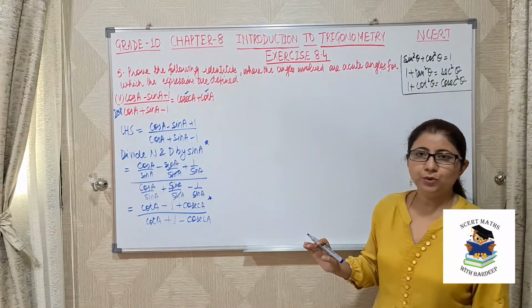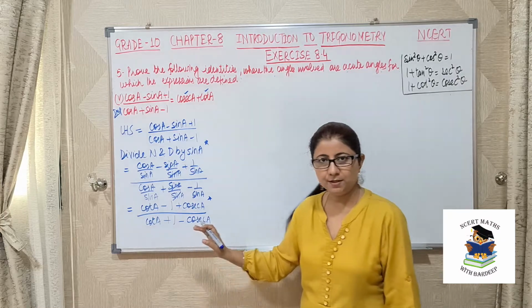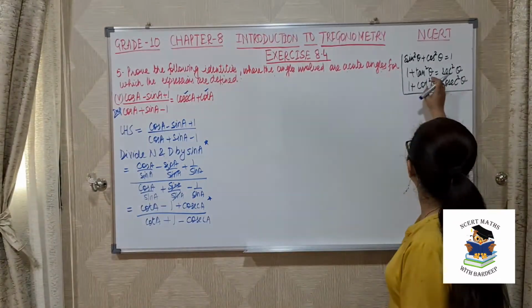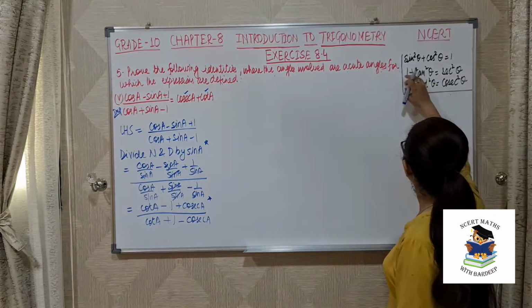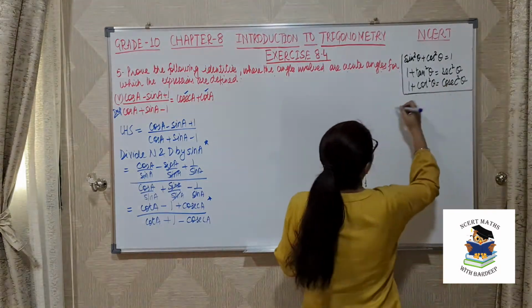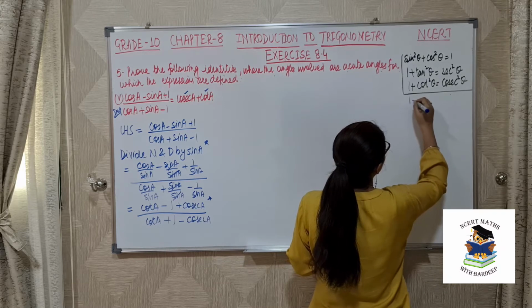So what we will do is, we cannot use a square in any case, but I have one identity which involves both cot and cosecant. So I will use the value of 1 in terms of cot and cosecant. Here we can see 1 plus cot square theta is cosecant square theta. Then what is the value of 1?